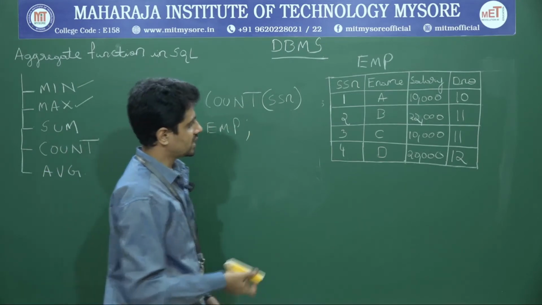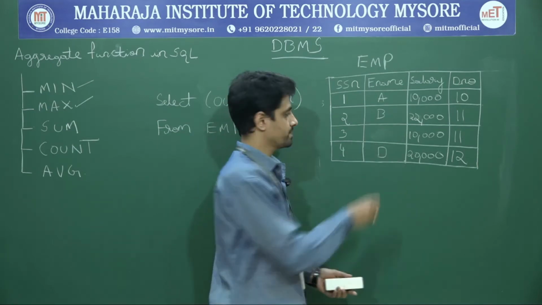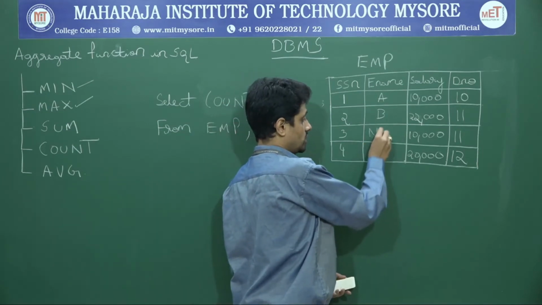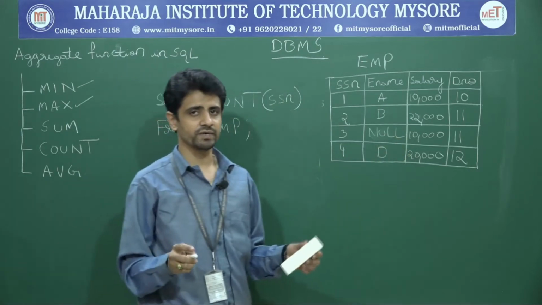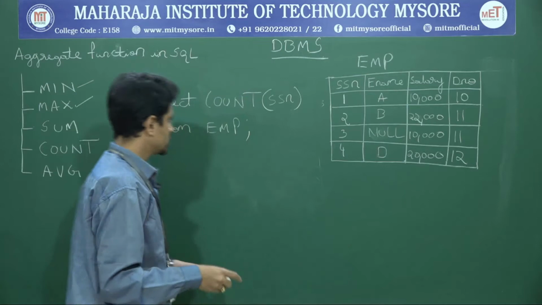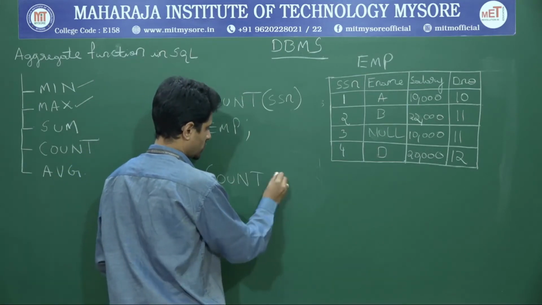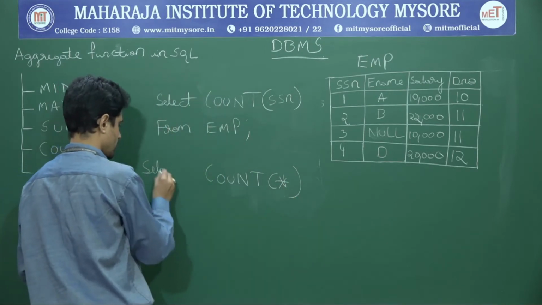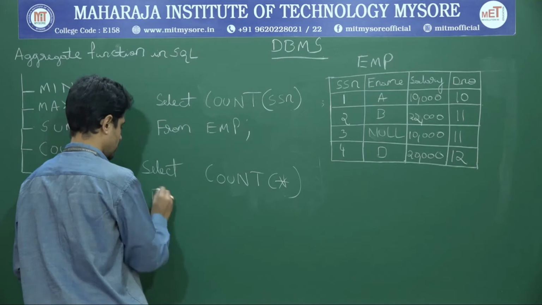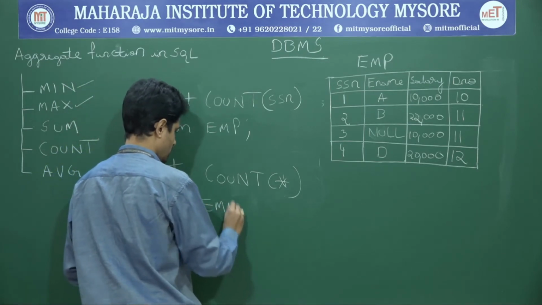Now, assume that I have forgotten to enter a name. What name? Employee name. So, there is a null value here. I am just differentiating between two ways of using a count. So, now what if I write count of star, same query, select count of star from employee.